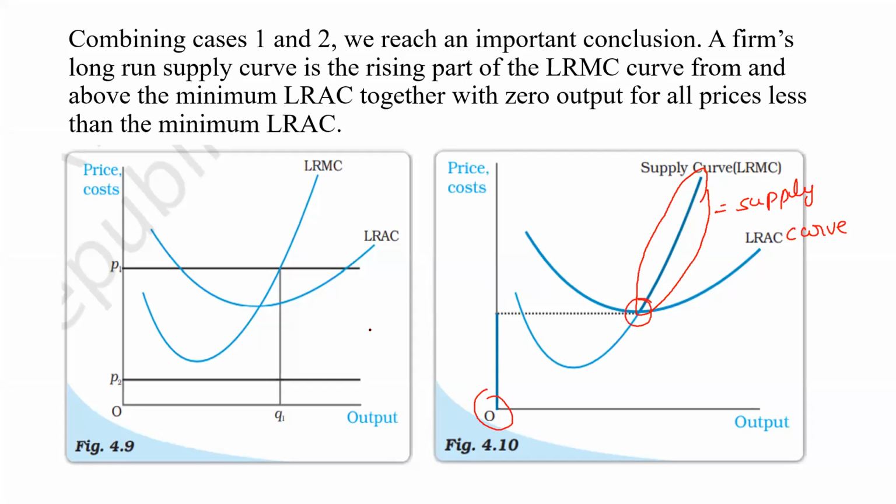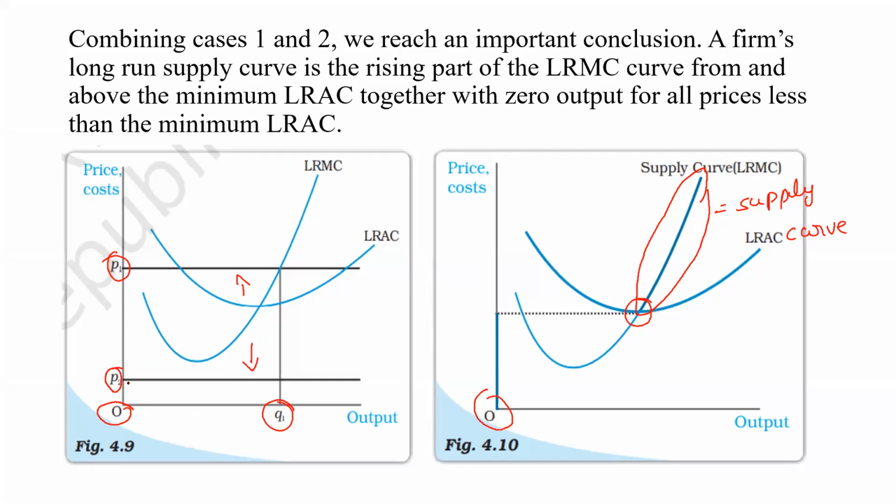When the price is P1, the quantity produced is Q1. Here the price is greater than the average cost. Next, when price is P2, here the price is lesser than the average cost. We are going to produce a 0 amount of output.